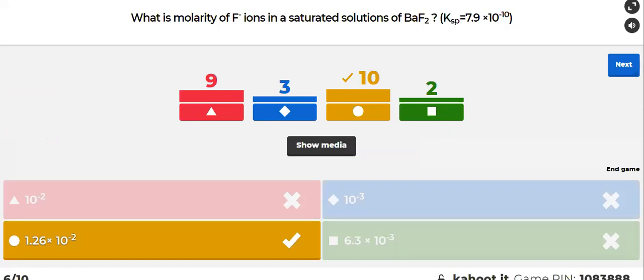Same as the last question, everyone. So it is 4s cube is equal to Ksp. So you can calculate S from here, and F will be 2s.